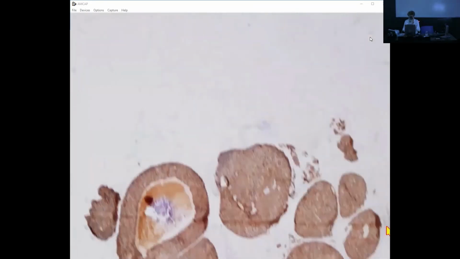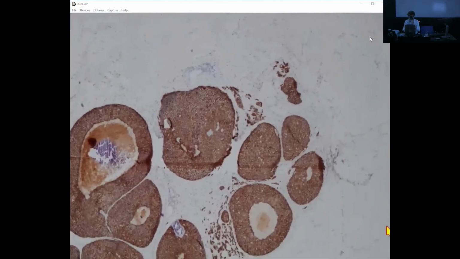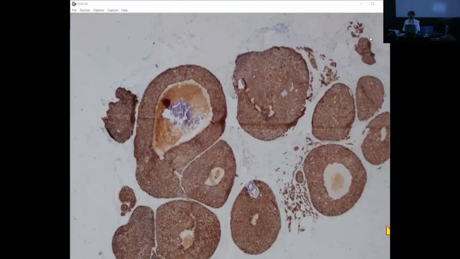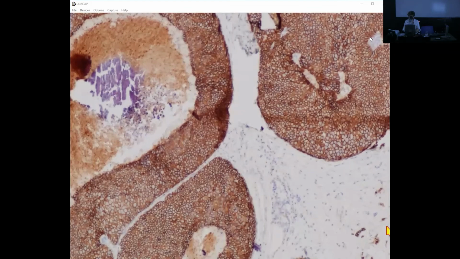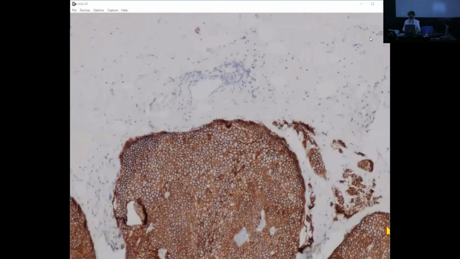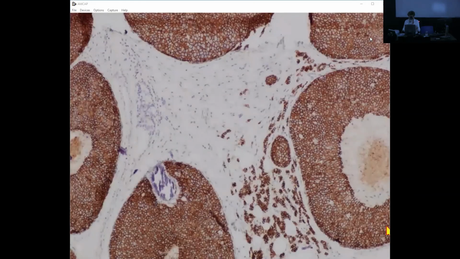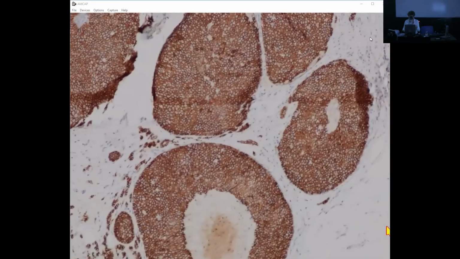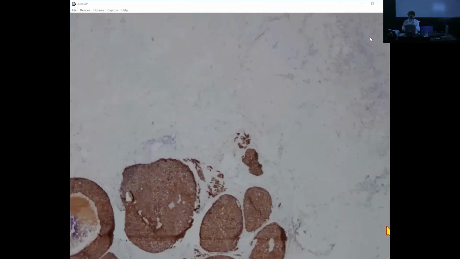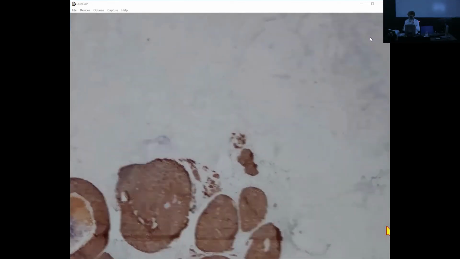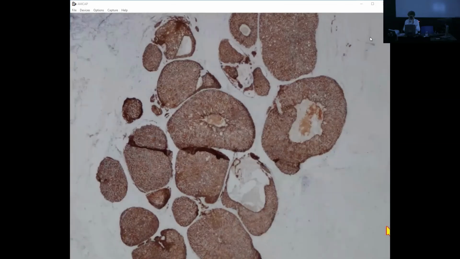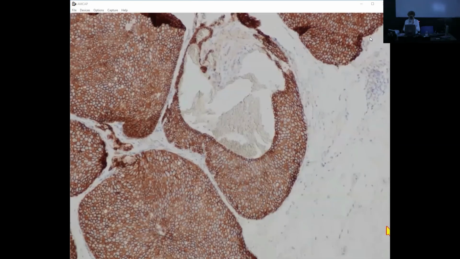Here is E-cadherin. E-cadherin is positive, including in the invasive carcinoma, right? And E-cadherin is beautifully highlighting also the invasive area. But is the in situ carcinoma ductal or lobular?